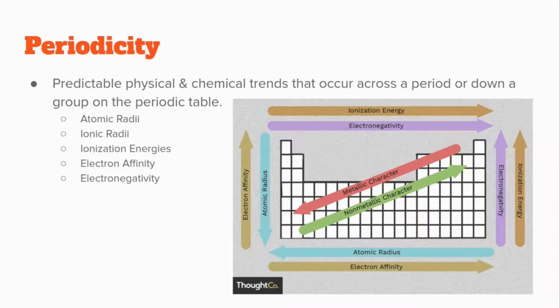So this shielding effect drives a lot of the periodic trends that we see. The more energy levels we have, the more shielding will occur. What you're going to be doing in class is looking into these different trends, things that we looked at last year, atomic radius, ionization energy, and you're going to put together some information about each of these trends.